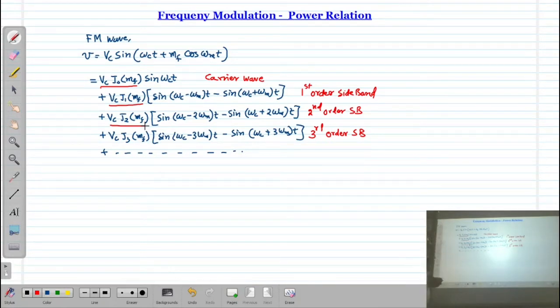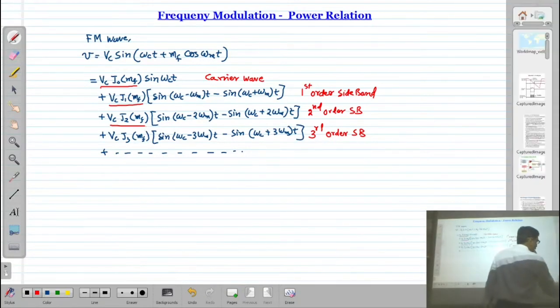Now, how do the values of J0, J1, J2 change with the modulation index? For that, in a previous lecture I already gave a table. So let us look at the table again.